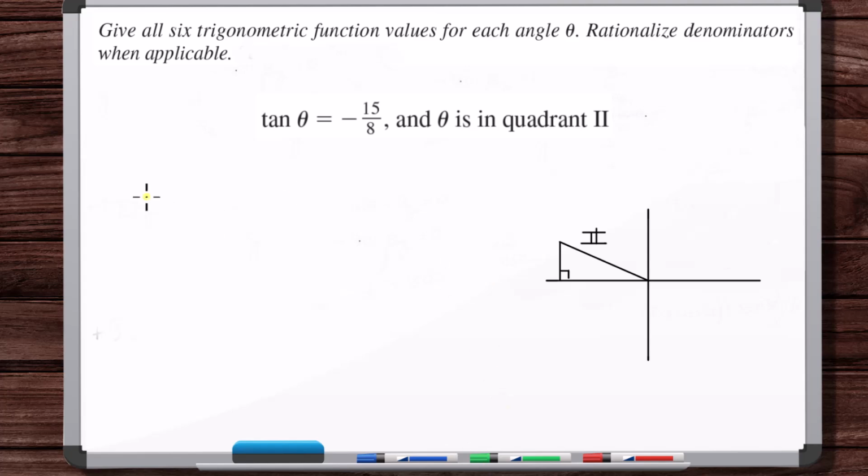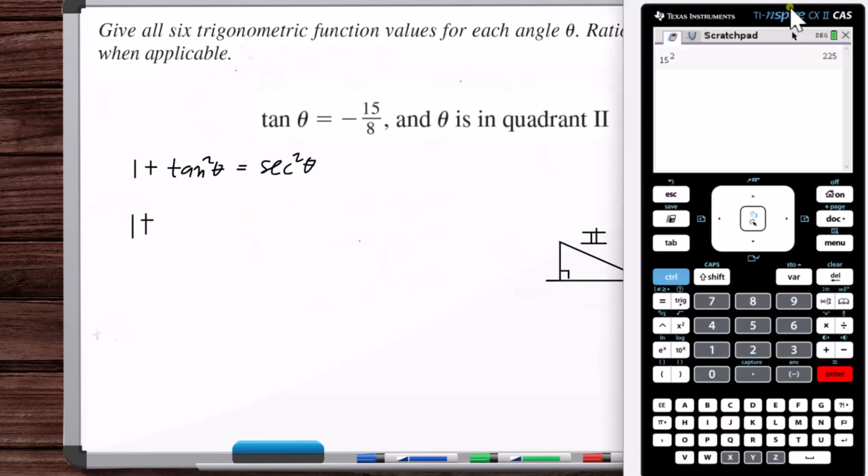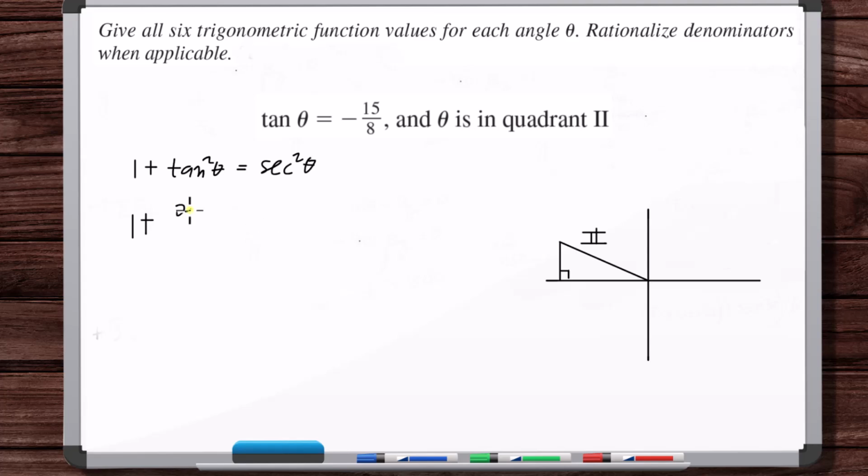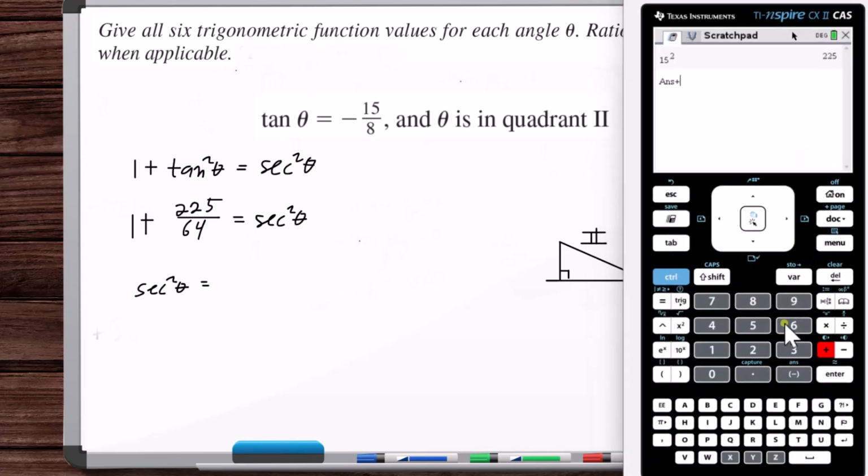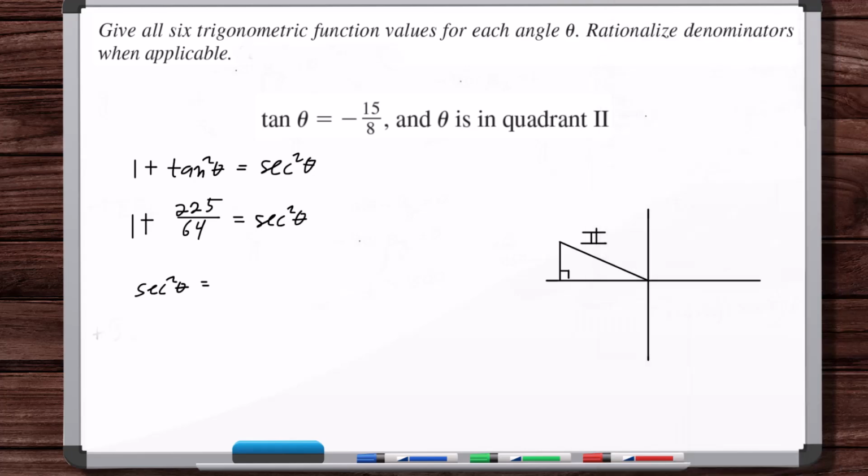When it comes to Pythagorean identities that involve tangent theta, we've got 1 plus tangent squared theta is equal to secant squared theta. So 1 plus 15 squared is 225.